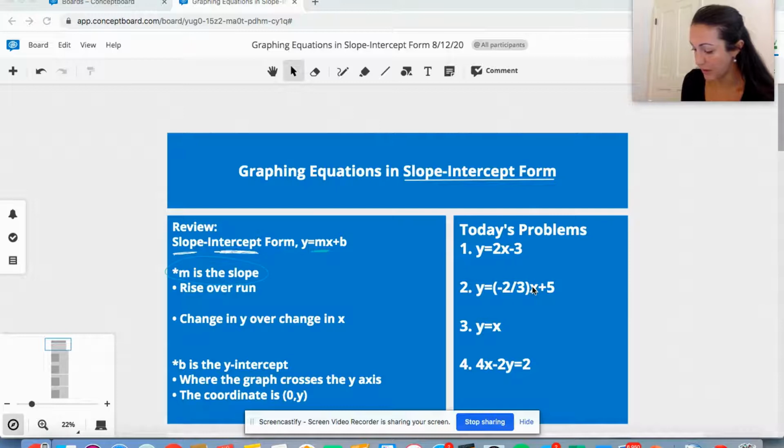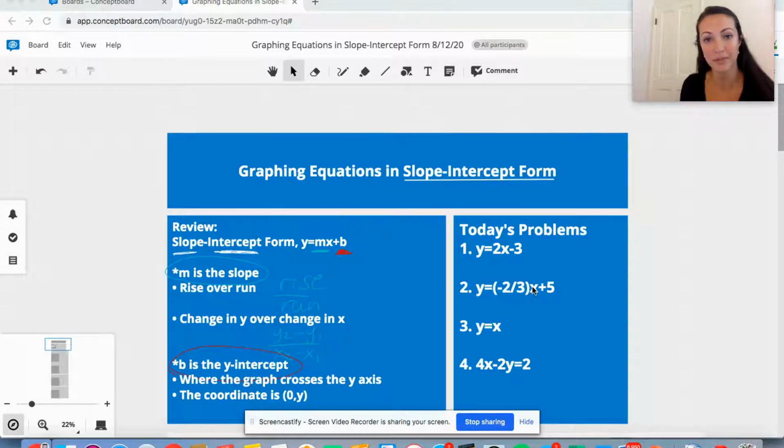We call that the rise over the run, or the change in y over the change in x. Our b is the intercept, and that's where our graph crosses the y-axis, and it will always be the coordinate (0, y), and the y is given to us in the equation.